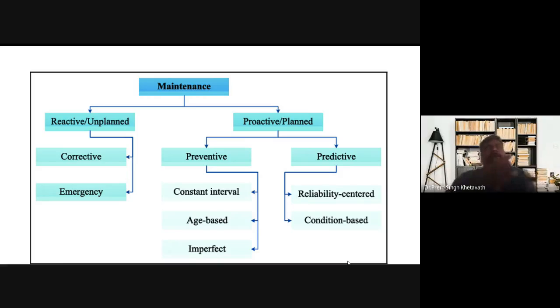They will go as fast as they can because they want to treat the people. So emergency services are unplanned and very reactive. They are corrective maintenance. Coming back to the proactive, that is the planned thing.